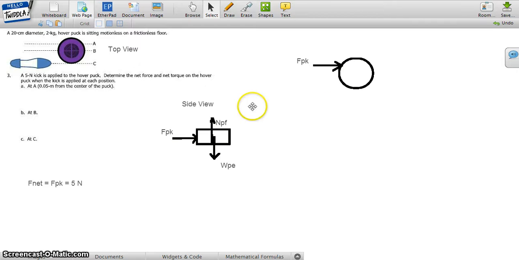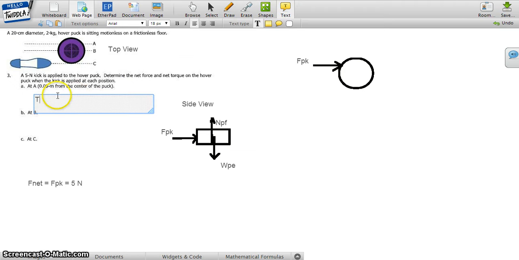So that means that the net torque for A, T net, is going to be equal to the torque from the kick, which is equal to the 5 newtons times the distance away, which is 0.05 meters. And that's going to be equal to 0.25 newton meters.